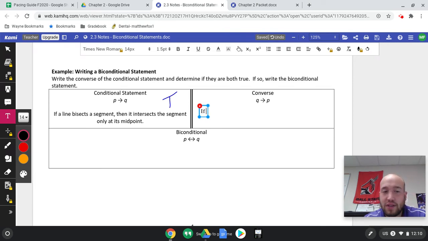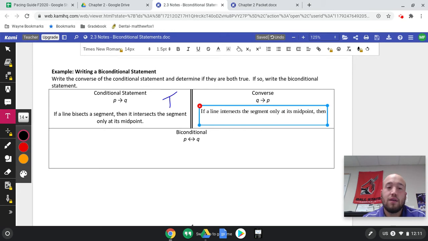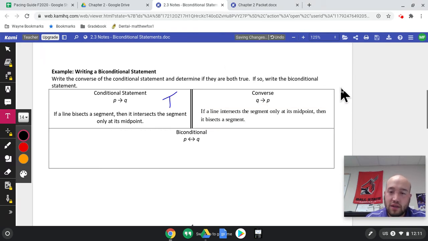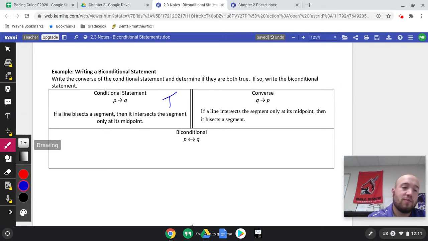Q implies P, so if a line intersects the segment only at its midpoint, then it bisects a segment. And once again, this is a true statement. That is our definition of what we mean when we say it is a bisector.